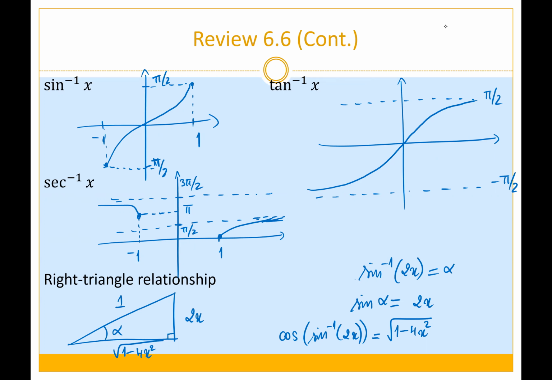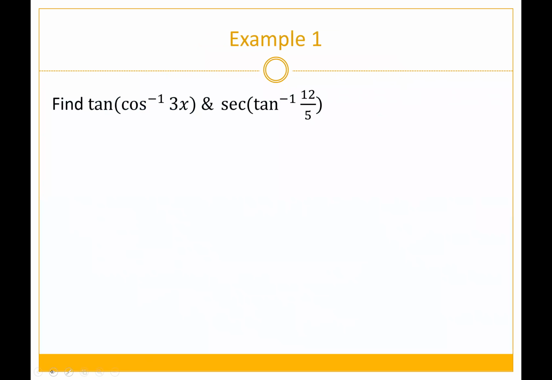Okay, if not, I'll go to the example. It seems we've been on a good page for this, so let's briefly go over it. We have tangent of inverse cosine 3x. If you're watching online or joining me, feel free to mute me if you want to try it on your own, or maybe we can go through it together.